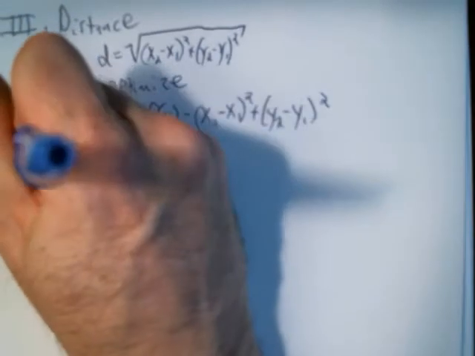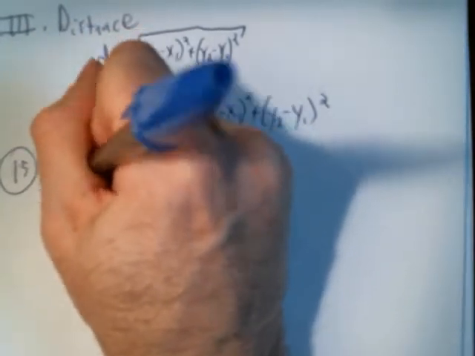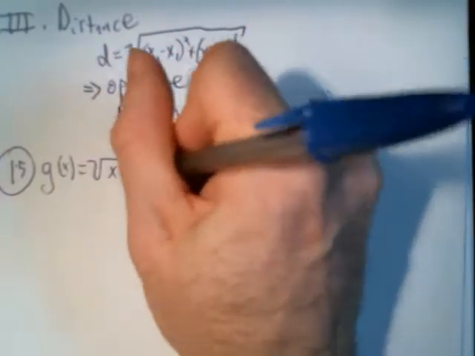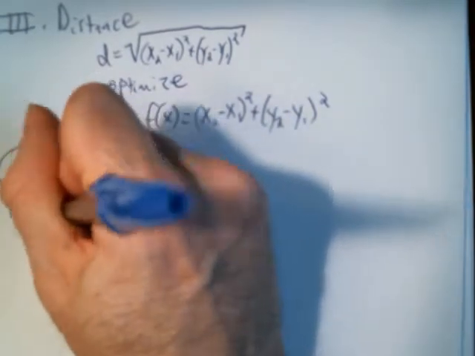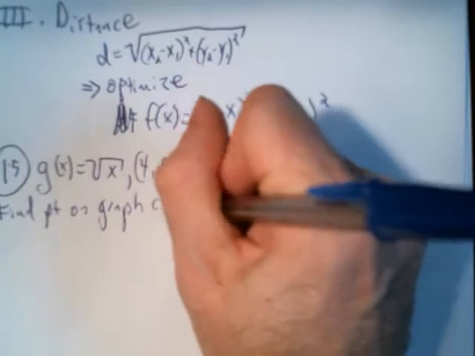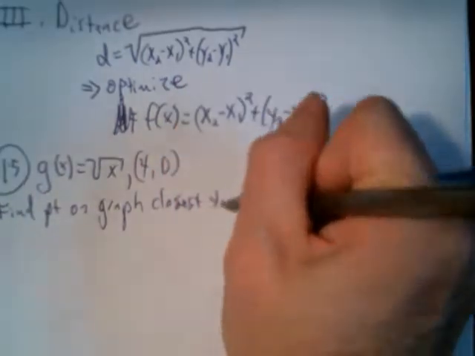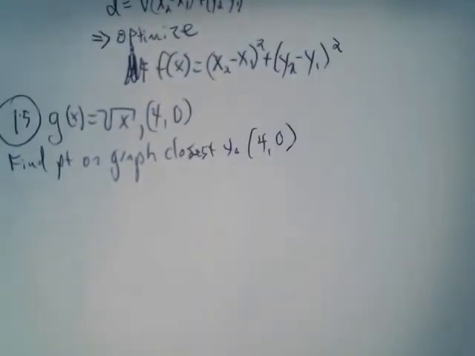Okay, so find the point on the graph closest to the given point. So the formula we're optimizing is the square of the distance formula, and then our constraint formula becomes the graph.